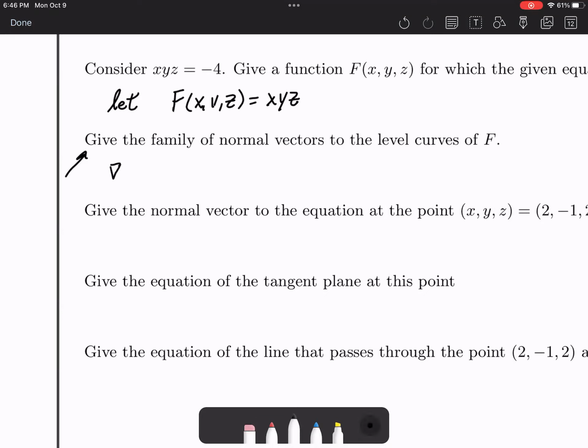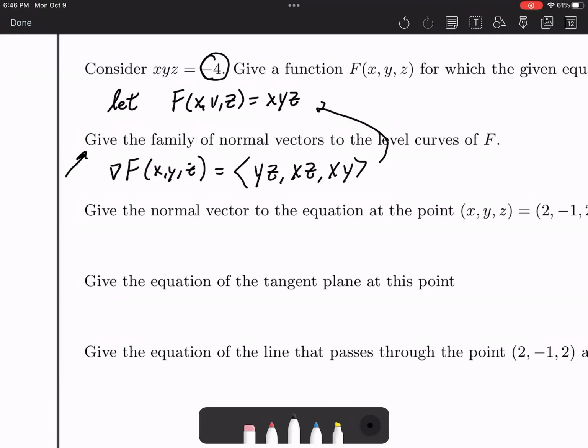So the gradient of f is given to me by yz, xz, xy. This is going to be a normal vector to any level curve that I want, right? Because I didn't use the fact that I'm looking at the specific level curve of -4.